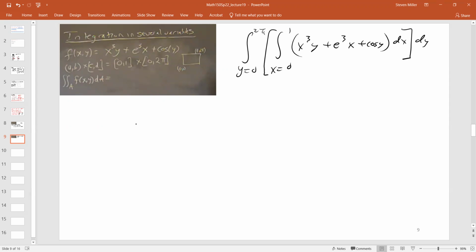To make sure we know the order, to try to minimize the chance of doing things wrong. When I write it like this, dx dy, because the dx is first, we should be doing the x integration first. So that means these bounds over here are the bounds for x. I don't have to write x equals 0 to 1. It's understood that x equals 0 to 1.